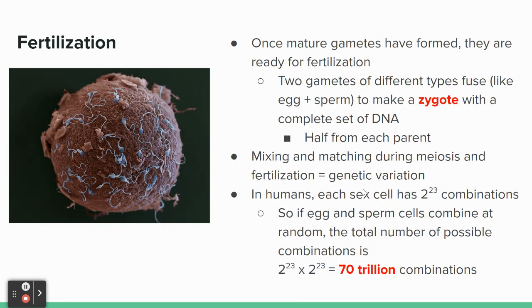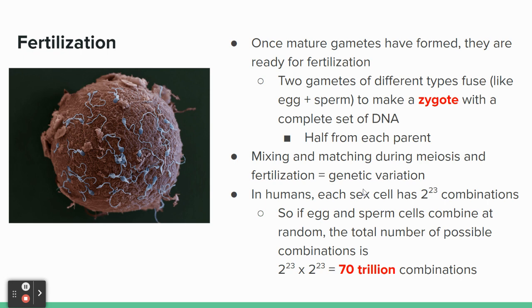Once mature gametes have formed, they are ready for fertilization. This is when 2 gametes of different types fuse, like an egg and a sperm cell, to make a zygote. A zygote is a new organism with a complete set of DNA. They're getting half from each parent. By mixing and matching during meiosis and fertilization, we get increased genetic variation.